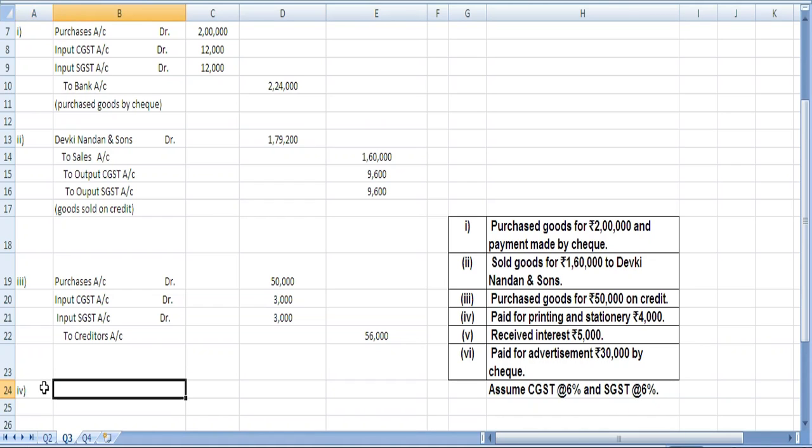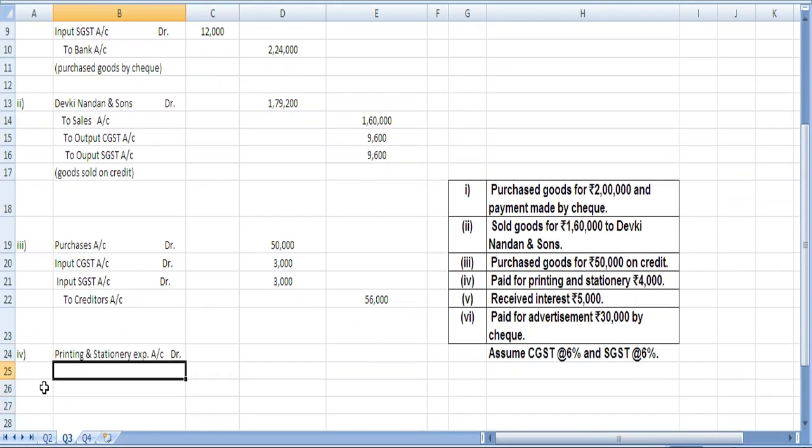Number 4 says paid for printing and stationery 4,000. Now here printing and stationery is an expense. Expense account, we will debit, and since it is an expense we will write input CGST account.